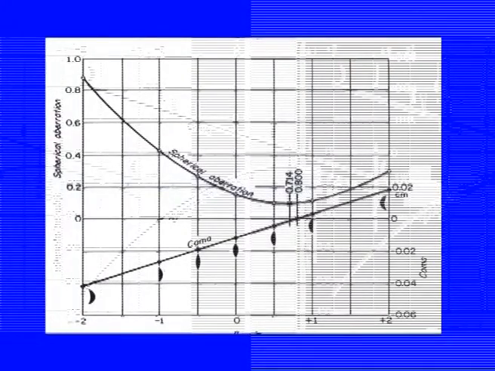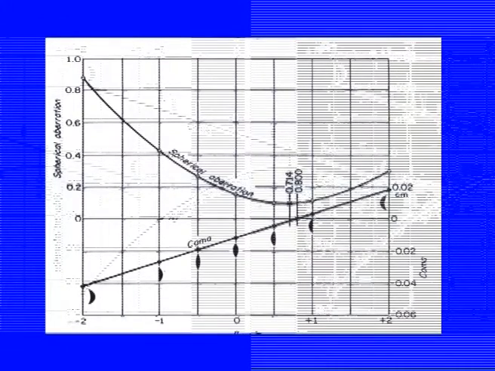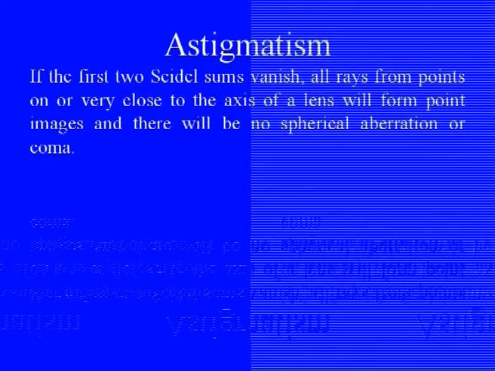If you remember, for a shape factor of about plus 0.5, the spherical aberration is minimum, and that is also the region where the coma passes through the 0 axis. So, that is a very interesting thing. At the same time, we can eliminate this coma and minimize spherical aberration by a proper choice of the radii R1 and R2. Now, we come to astigmatism.